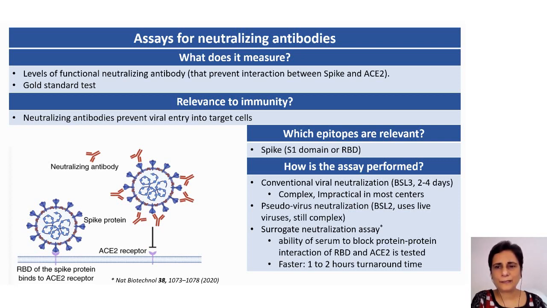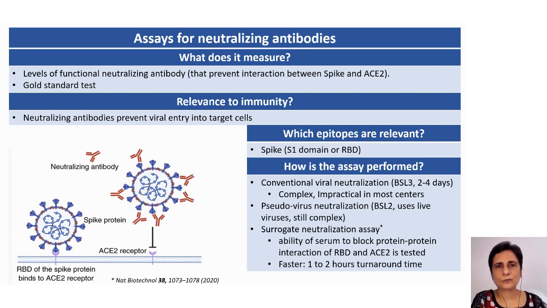There are many ways of doing this assay. In the conventional viral neutralization assay, this needs to be done in a BSL-3 facility where you take the antibodies, you incubate them with the wild type virus, and then see whether the presence of antibodies inhibits the replication of the virus in a cell culture system.